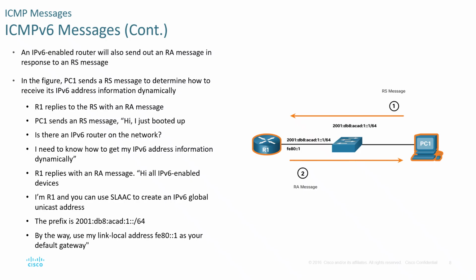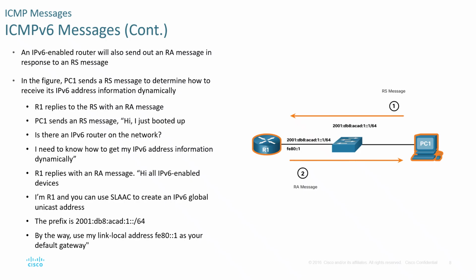Now, an IPv6 enabled router will also send out an RA message in response to an RS message. So in this figure here, PC1 sends an RS message to determine how to receive its IPv6 address information. Remember, there were 3 different ways that we could get that information.